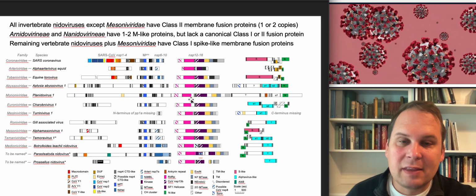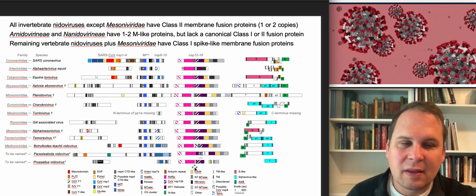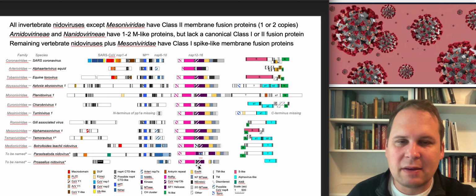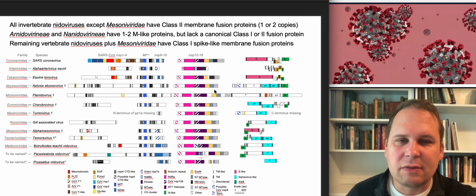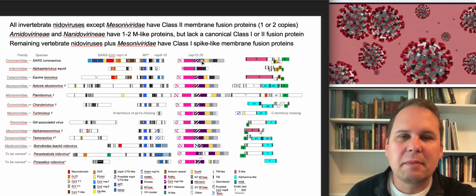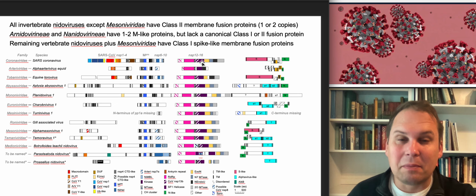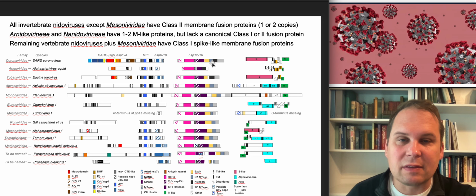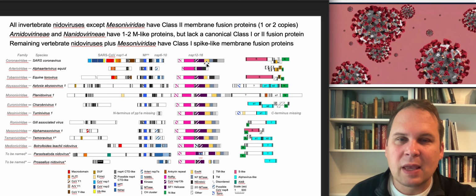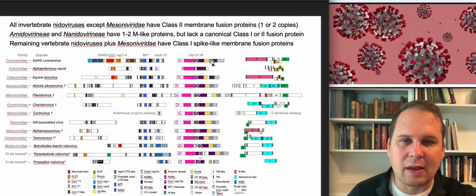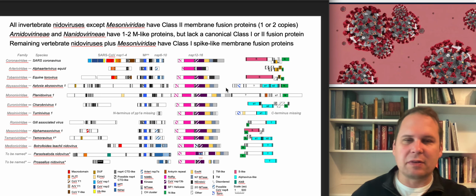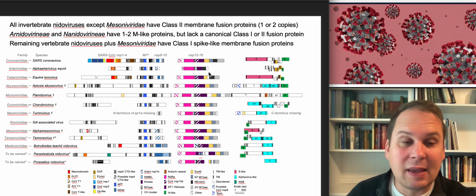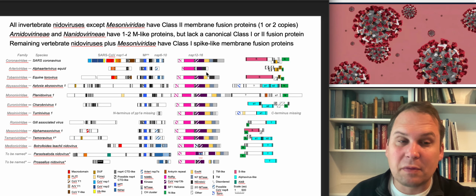They all have the zinc fingers, a zinc metal binding domain, attached to the helicase, which is the purple. And mostly, but not all, they seem to have the two methyltransferases and the exonuclease for error correction.